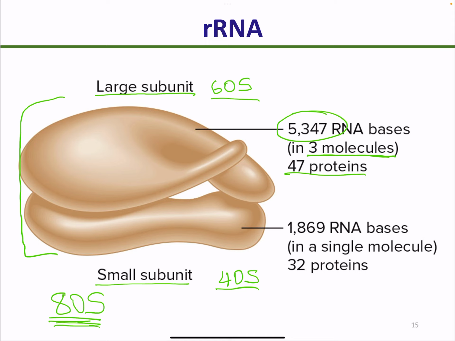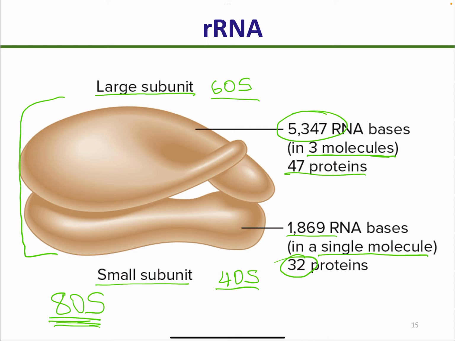And then for the small subunit, you're going to have a single RNA molecule that is going to be as long as 1,869 bases mingled with 32 different proteins.